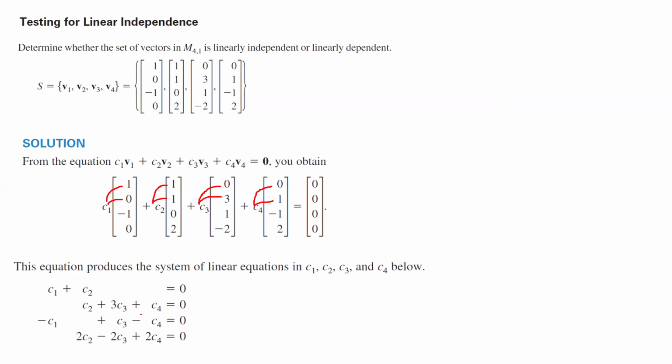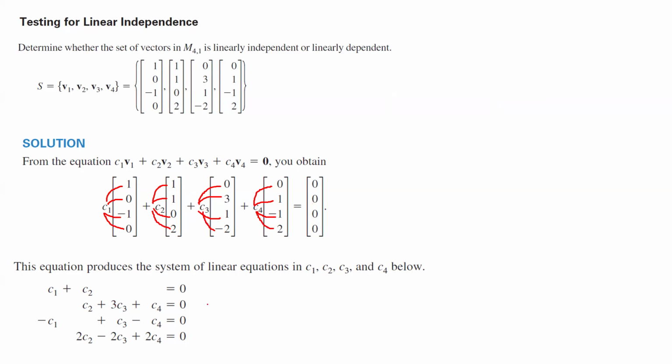This is your second equation. The third equation, negative C1 plus 0 C2 plus 1 C3 plus negative 1 C4 is equal to 0. And finally, 0 C1, 2 C2, negative 2 C3, 2 C4 is equal to 0.